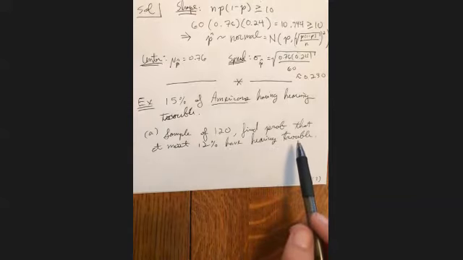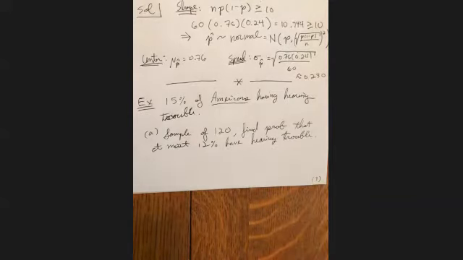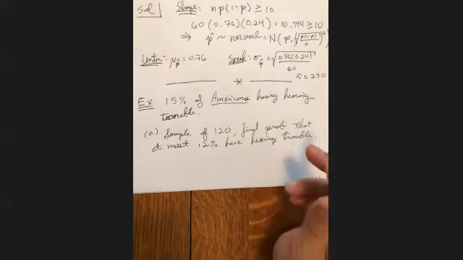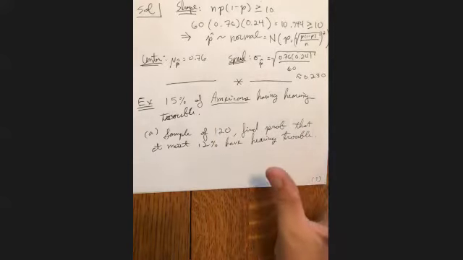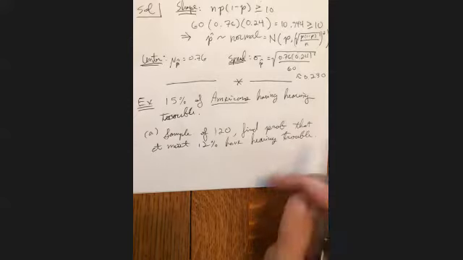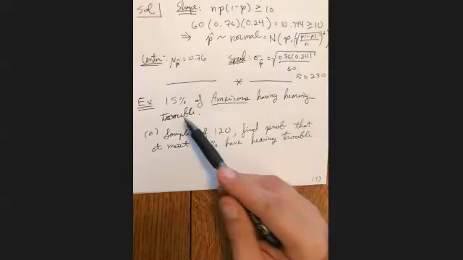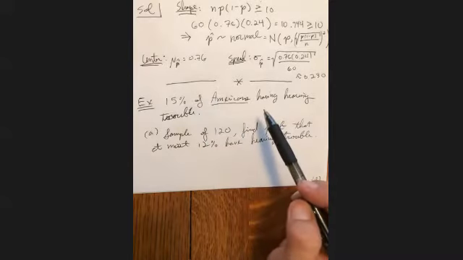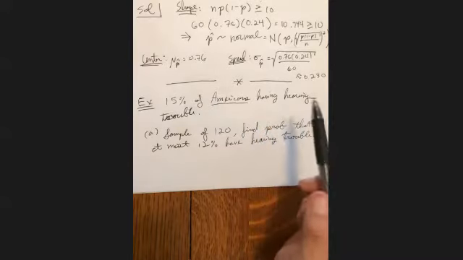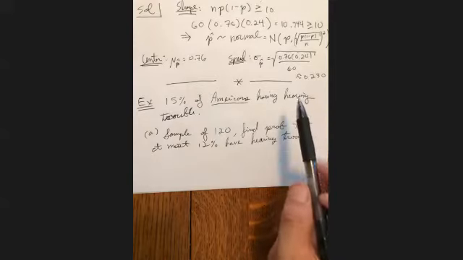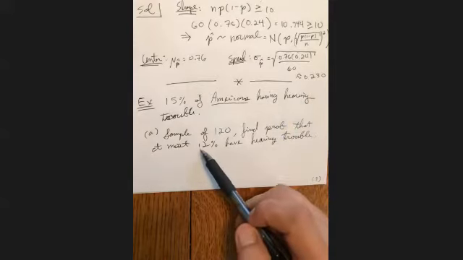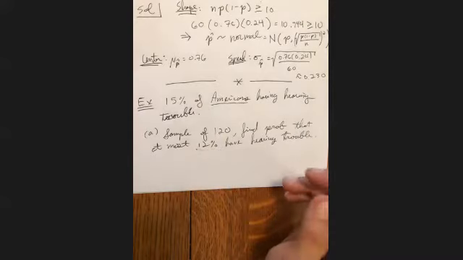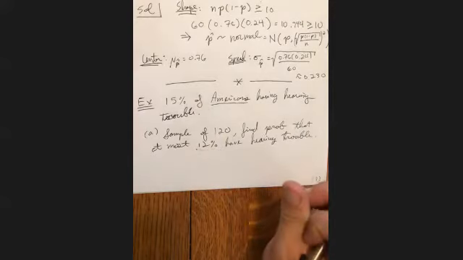Okay, so what we want to think about here is, out of all possible samples of size 120 that we can take from the population of Americans, there's a certain amount of those samples which will have a proportion of people reporting hearing loss being less than or equal to 12%.